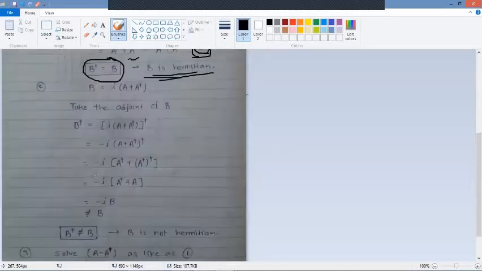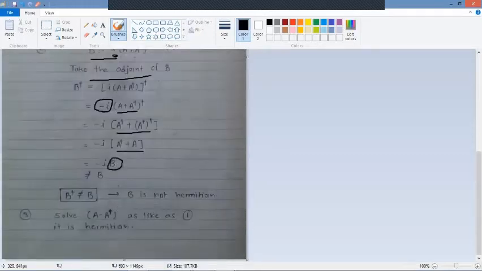So what is the second one? Here the factor I is present, so take the adjoint of it. If I take the conjugate of this operator, I becomes minus I. Look here, this becomes minus I, and the rest is the same as previous, but here we have minus IB.